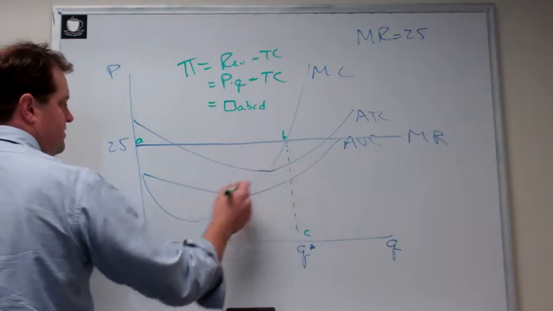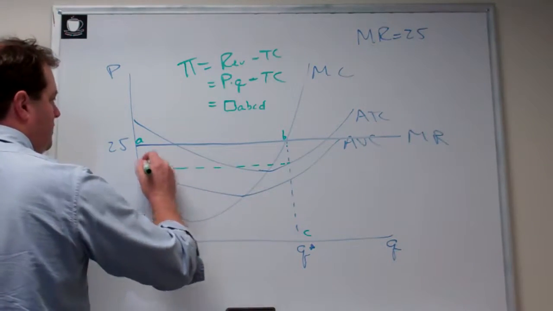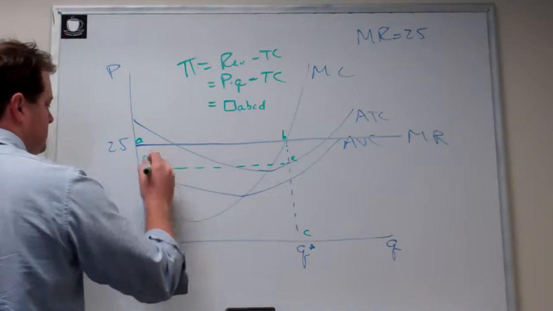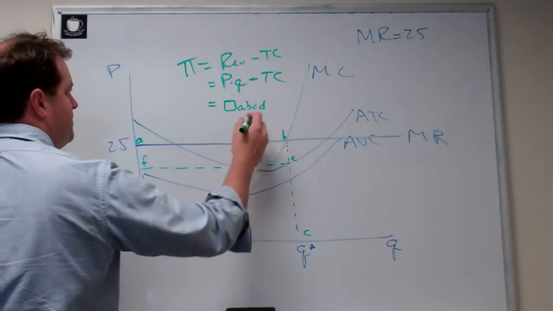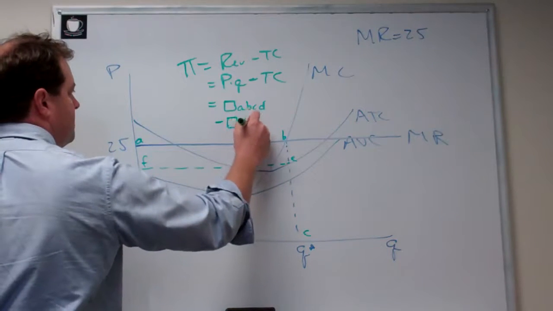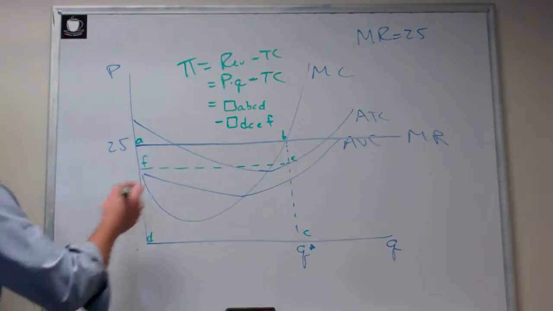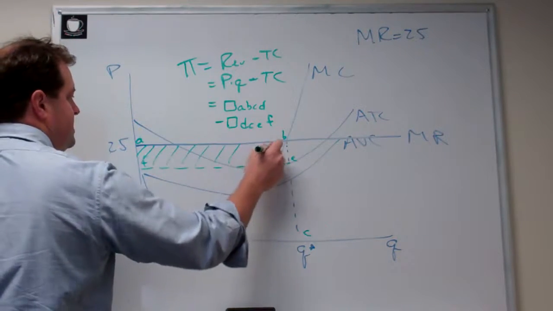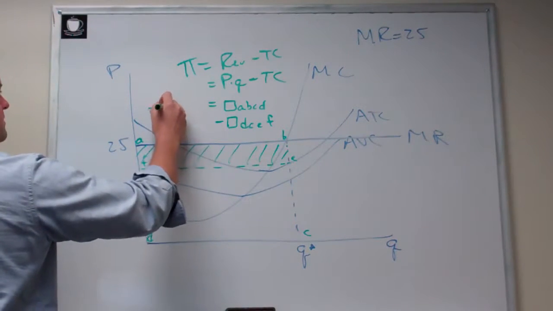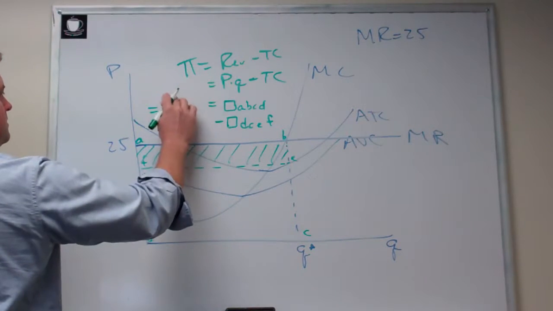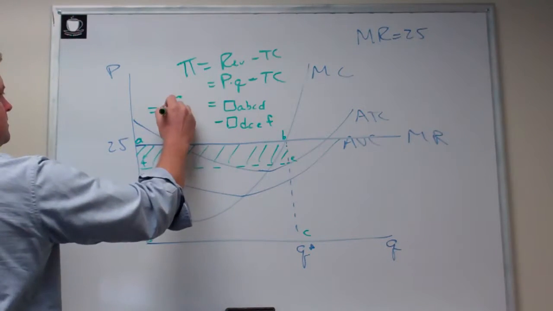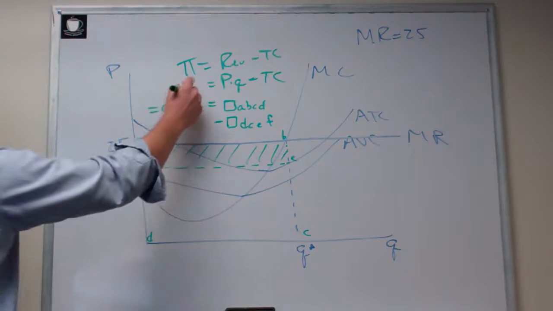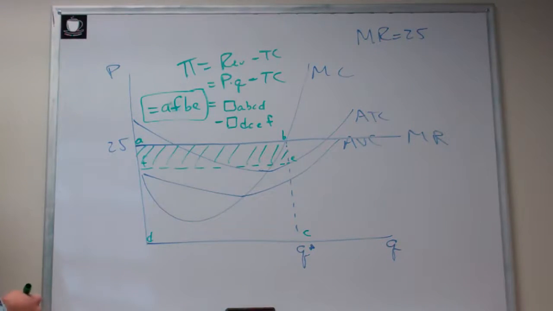Cost is going to be given by this rectangle, which I'll call DCEF. And so I'm left with this rectangle here, AFBE. This rectangle AFBE tells me what profit is.